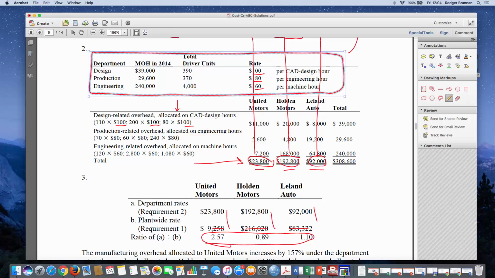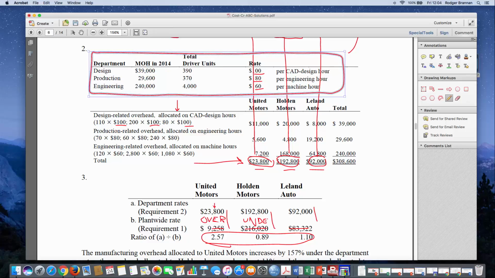So if 9258 is the correct cost under activity-based costing, and under the old plant-wide rate you were costing at 23,000, you have a serious problem. You are seriously overcosting it. So this would be a case of overcosting, because this is what they're doing now, and this is what they could be. And if this is the correct answer, then it's overcosted. Well, you have just the opposite here; this is undercosted.